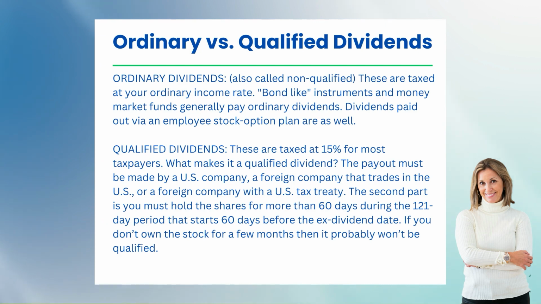The second part is you must hold the shares for more than 60 days during the 121-day period that starts 60 days before the ex-dividend date. So if the dividend date is November 30th, that 60 days prior would be October 2nd. The general rule of thumb is that if you own the stock for at least a few months, then you should be good to go.